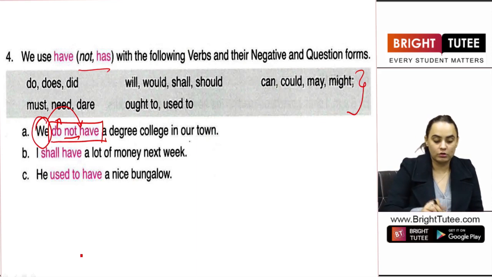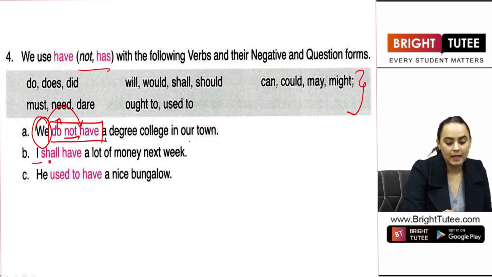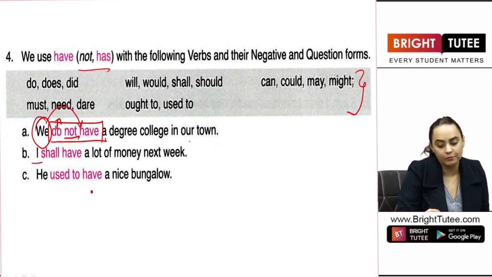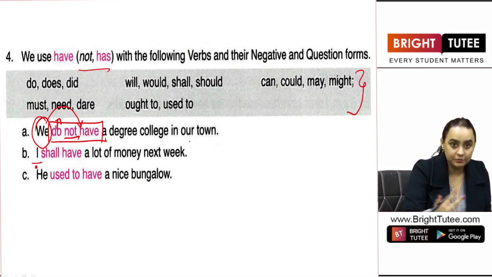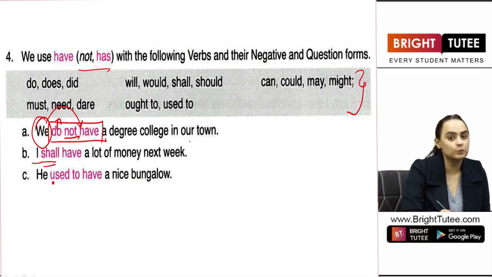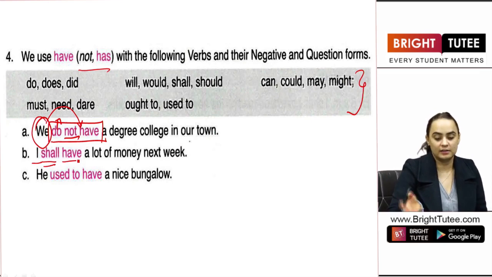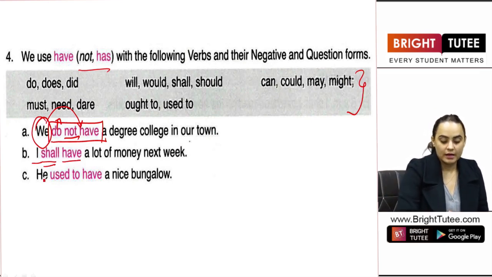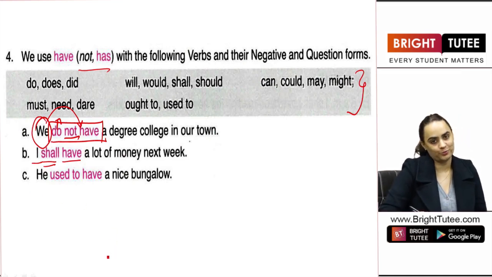Similarly, if I talk about the next sentence, I shall have a lot of money next week. Again, with I, we have learned this in the modal verbs that with I, we always use shall, and have is used with I. This is what we learnt in rule number 3 as well. He used to have a nice bungalow.